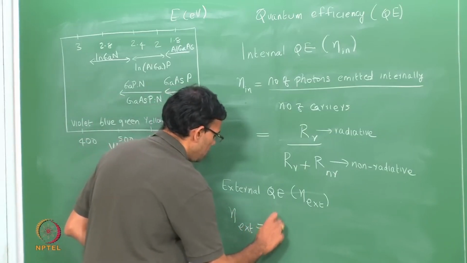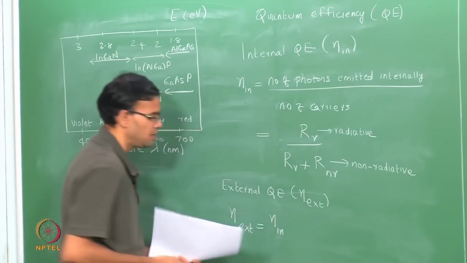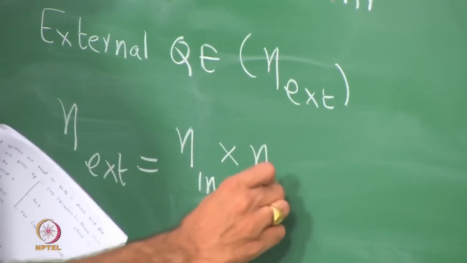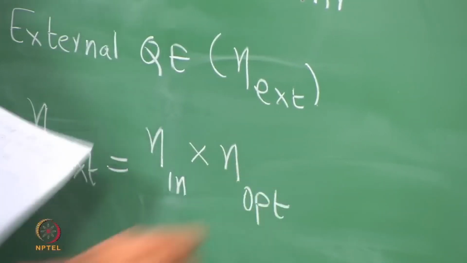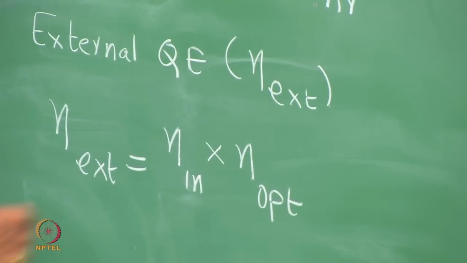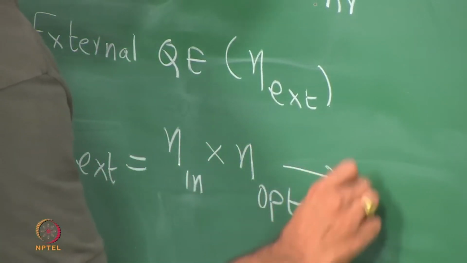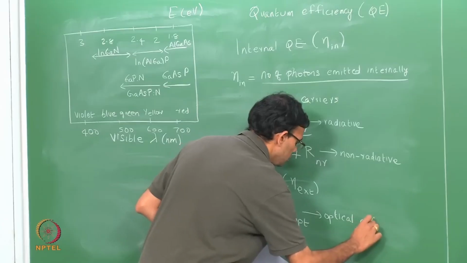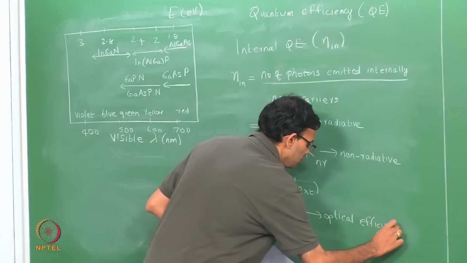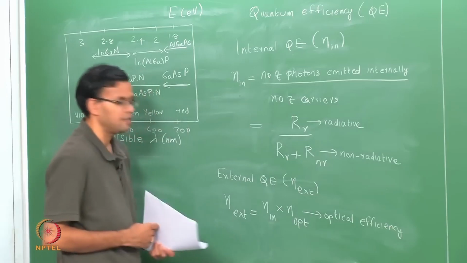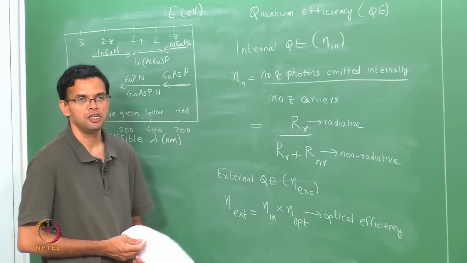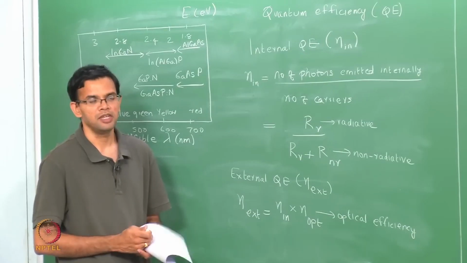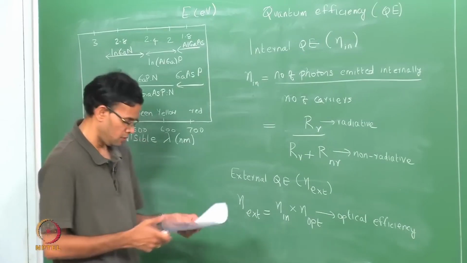So eta external depends upon the internal quantum efficiency times the optical efficiency of the device. This is related to the device geometry, the reflectivity or the absorbance or the transmittance of the various layers, and so on.